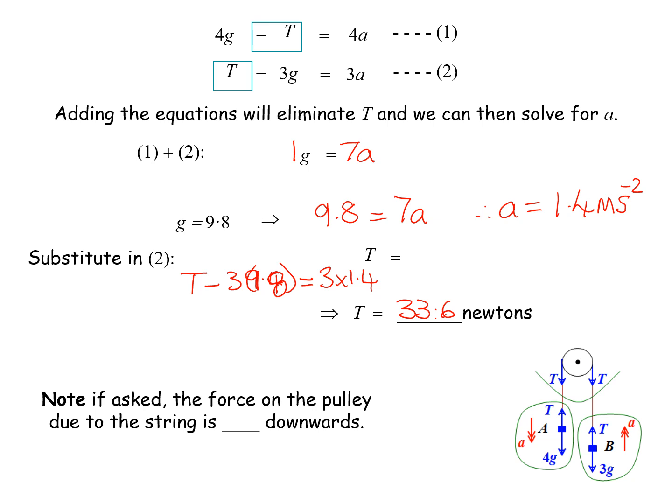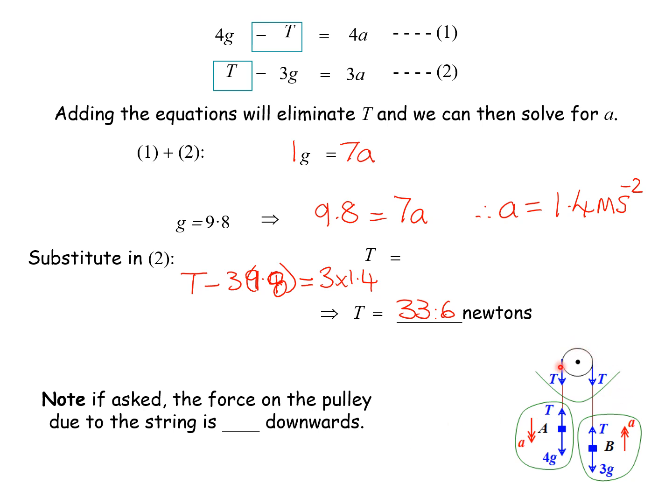Note, if asked, the force on the pulley due to the string is, alright, I see what you're saying. No, they've asked what's the force on the pulley, so we're looking at what forces are on that pulley here.